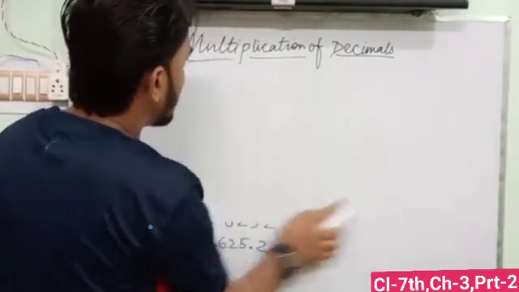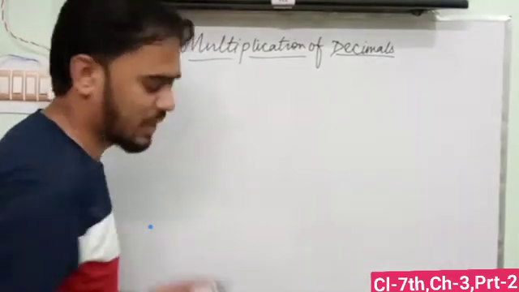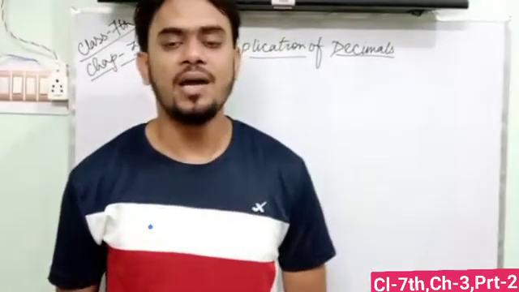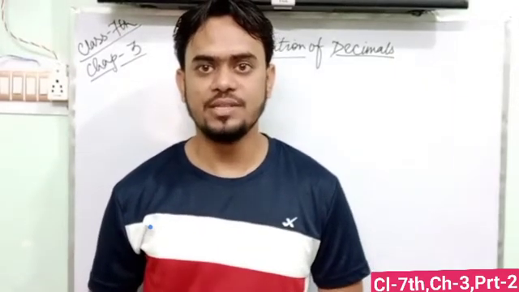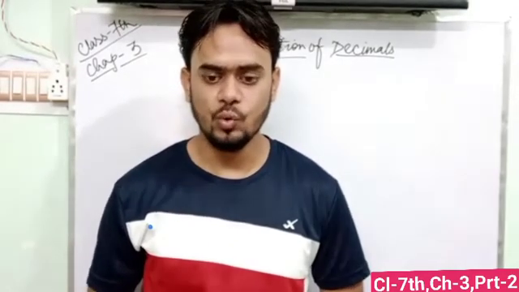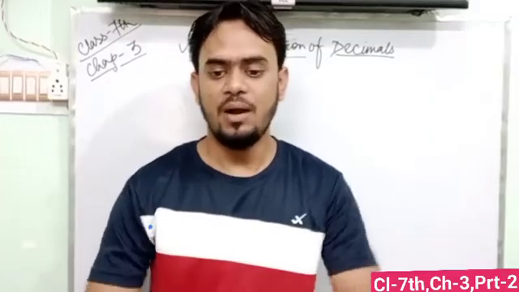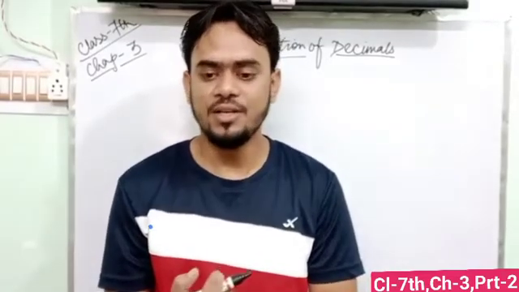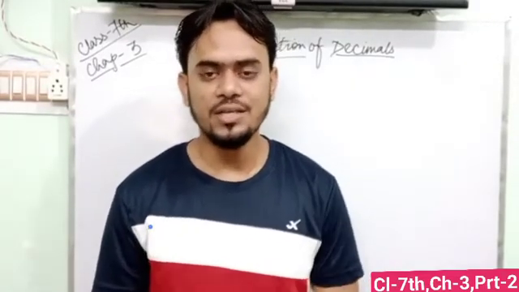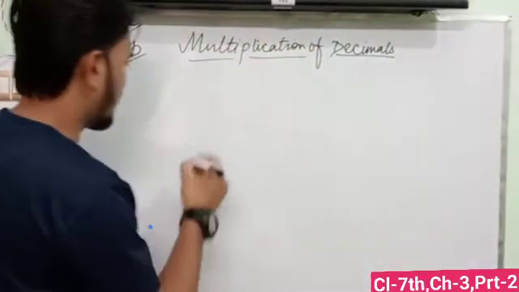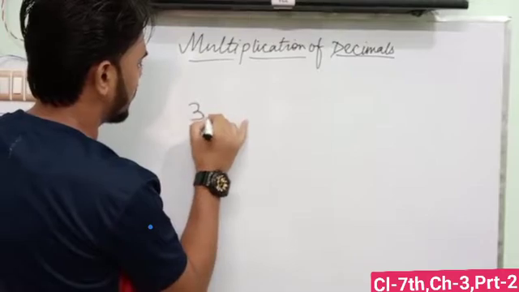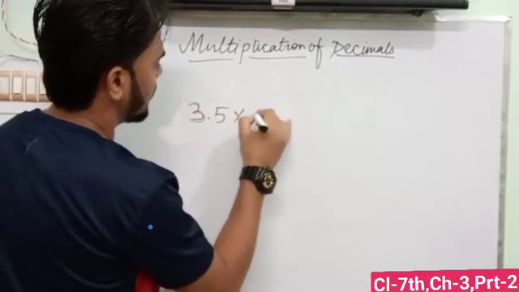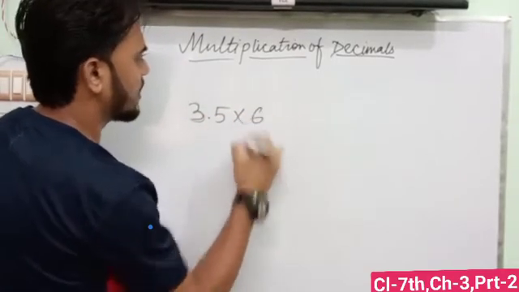Next is multiplication of a decimal by a whole number. If you have a whole number multiplied with a decimal, then step 1 is to multiply the decimal number by the given whole number, ignoring the decimal point. See here, 3.5 into 6.